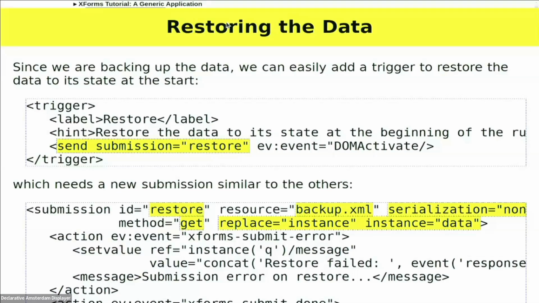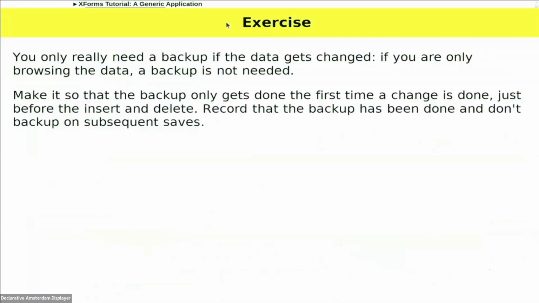You can say if and then equals and then quotes and a condition. So in other words, you can do actions conditionally based on a condition, and so you do the send if backup needs to be done or something just before the save.